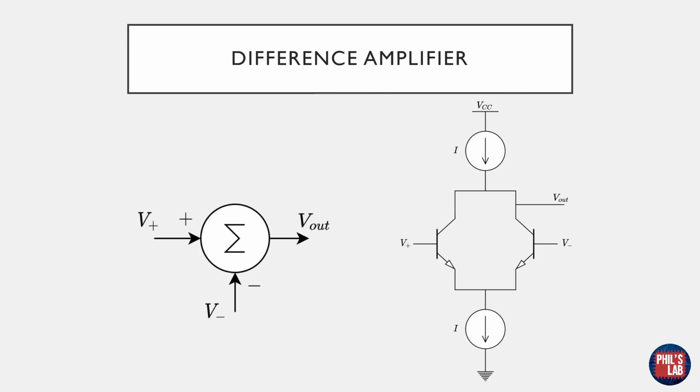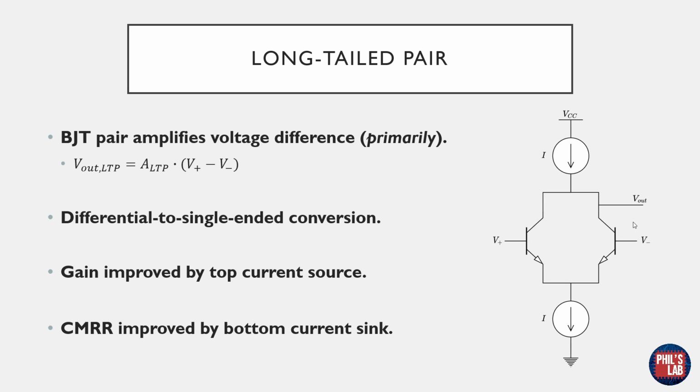But let's start off with the difference amplifier. Again, the difference amplifier takes V+, subtracts from it V-, maybe provides some gain, and then forwards that to the next stage. The way we typically implement that, and most op-amp ICs will of course have that, is in the form of a long-tailed pair, which you'll see over here. In its simplest form, the long-tailed pair, or LTP, is simply a pair of bipolar transistors or field effect transistors.